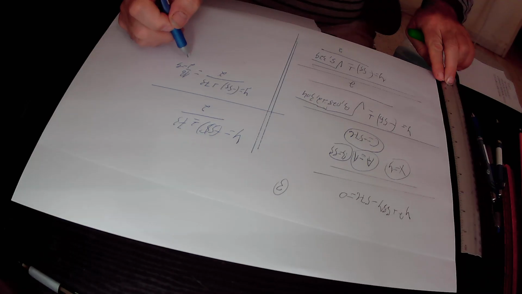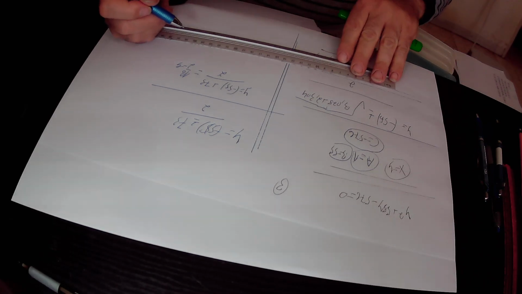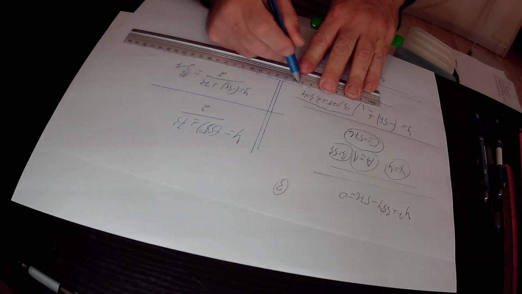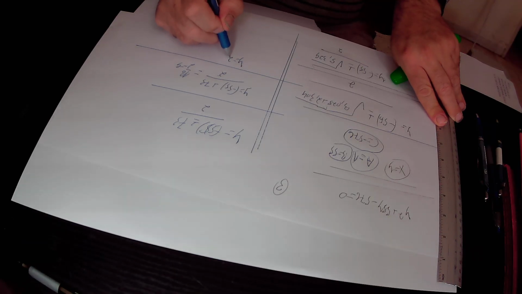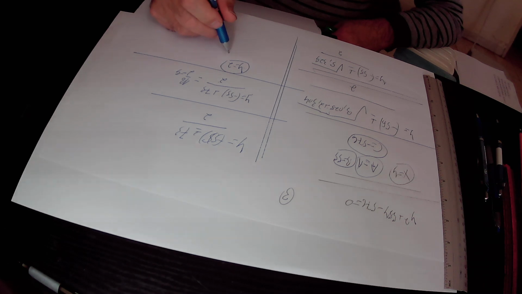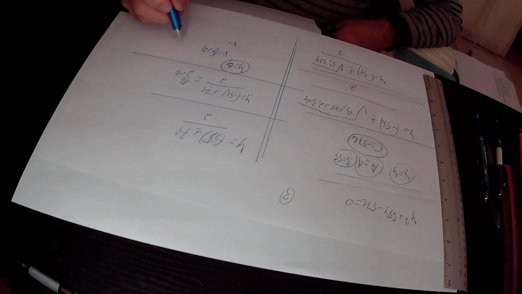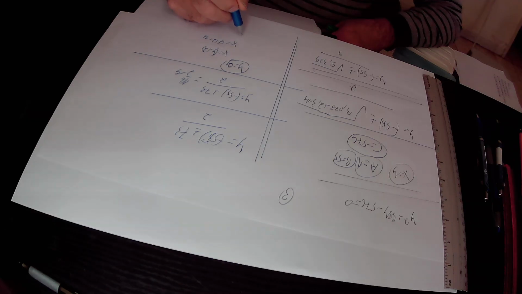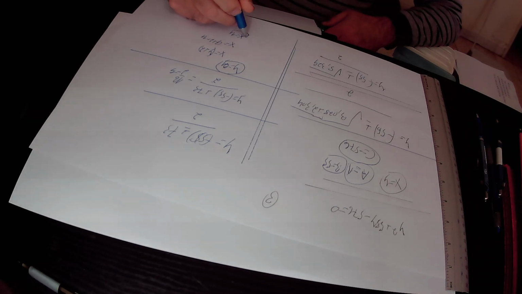So y equals 9 units in length. We also found that x equals y plus 2, so x equals 9 plus 2, which is 11. So x equals 11 and y equals 9.